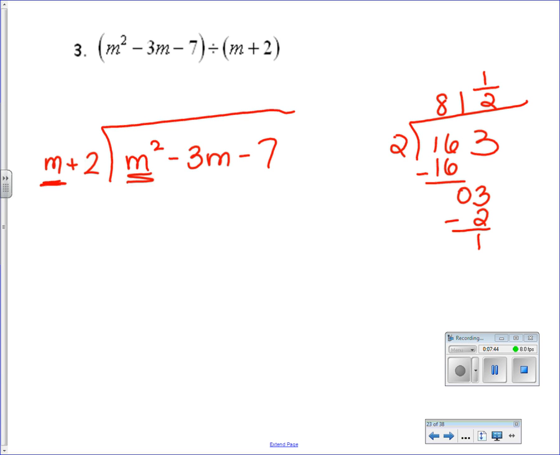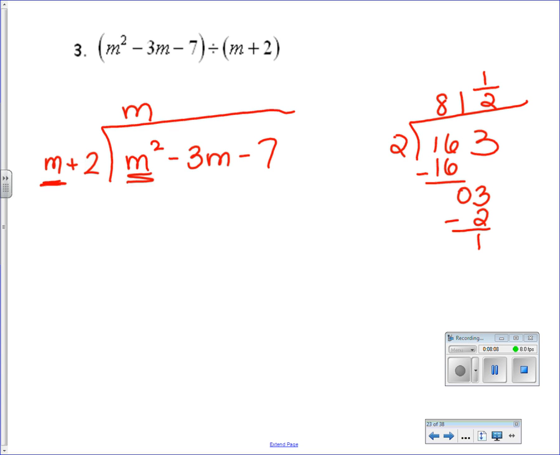Okay? So what would I need to multiply m by to make m squared? M. Okay? So that's just m. Okay, because m times what makes m squared? M. Okay, but then remember how we had the 8 up here? Then what did we do?